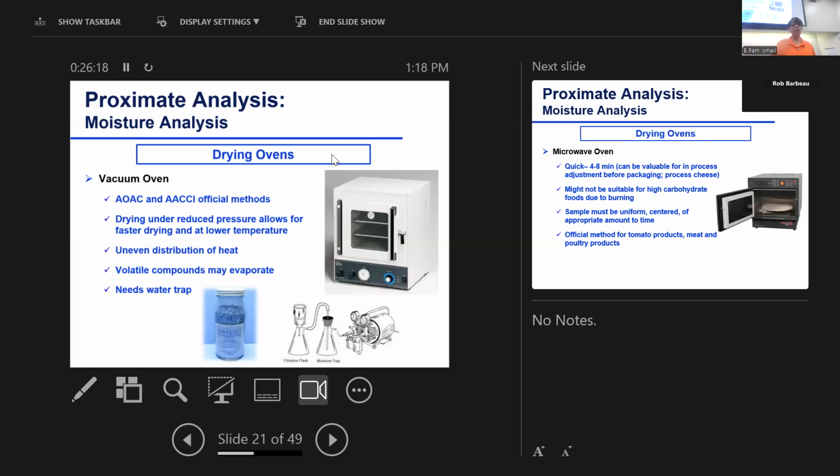And another thing, depending on the vacuum oven we have, there are different types of water traps, or sometimes they call them cold fingers. Have you heard of the term cold finger? It's an old term, but basically inside of the oven there's a place for water to escape, and when it's escaping, you collect that water in a moisture trap.